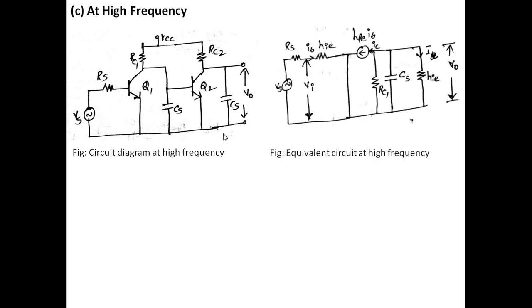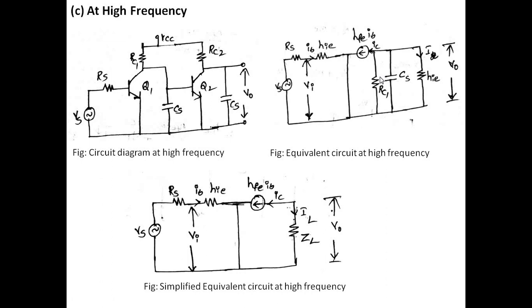Now let us come to the equivalent circuit. This is the equivalent circuit, and we have a parallel capacitance with RC1 as well as the input resistance or input impedance of stage 2, which is hie. Now you simplify this further because all the three elements are in parallel combination. Simply we replace them with a parameter, let us consider it as ZL.